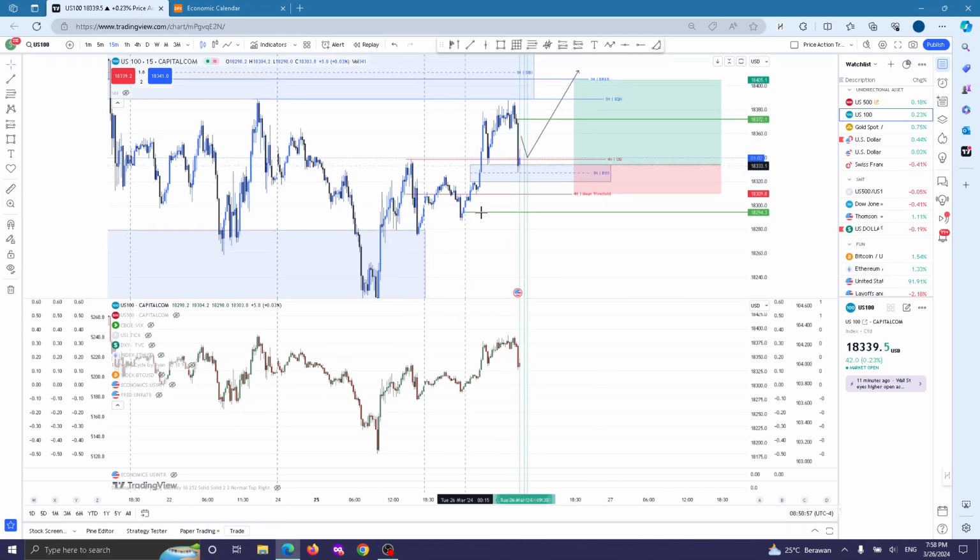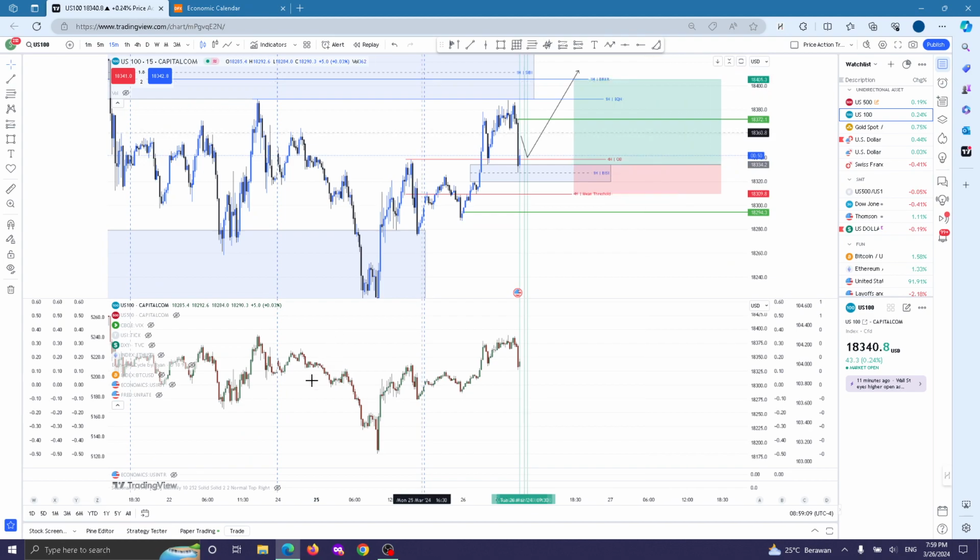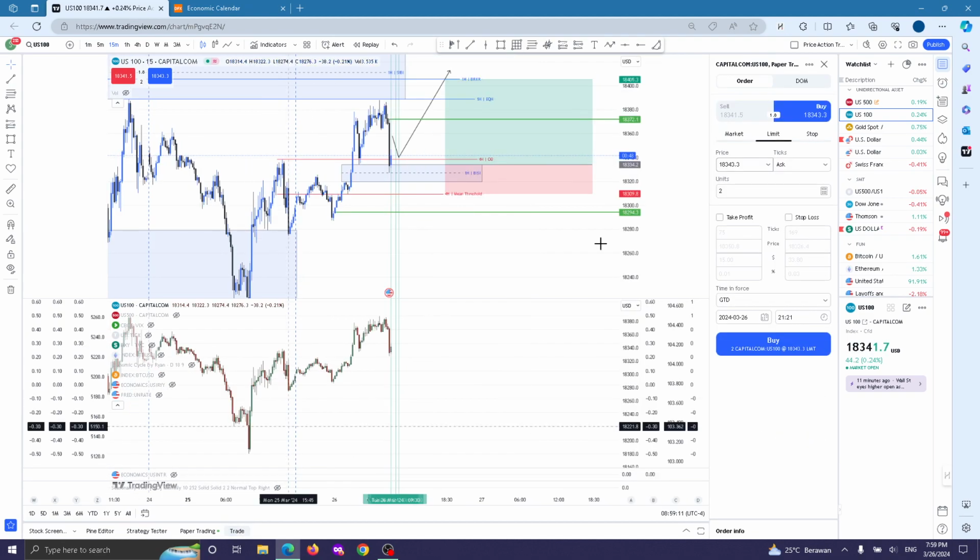This is also a breaker, unicorn. I'll trade NQ. I'll target that breaker. I'll trade NQ. I like it. This is unicorn.